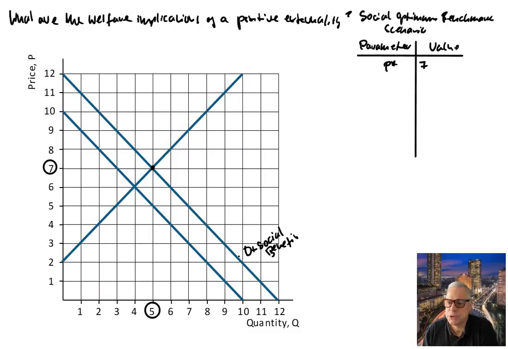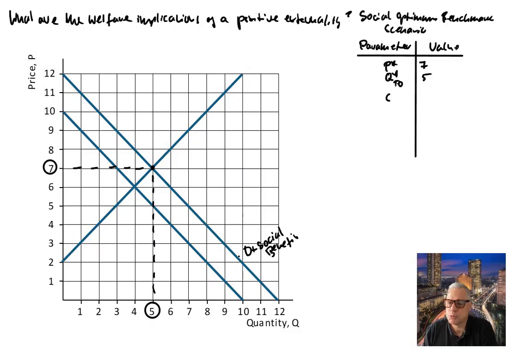Equilibrium quantity should be 5. Okay, so this would be here. And then of course that is equal to quantity demanded and quantity supplied and the quantity turned over. So let's just call it like this and skip the quantity demanded and quantity supplied.